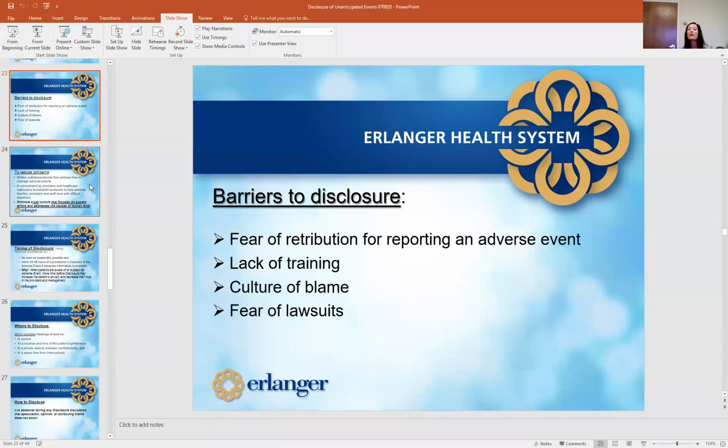So we're moving away from a culture of blame and a fear of lawsuits into a world of transparency, quality improvement, and instead of focusing on people and placing blame, looking at the process itself and how we can make the process work better for our medical providers so that they reduce the likelihood of committing an error. Next slide.